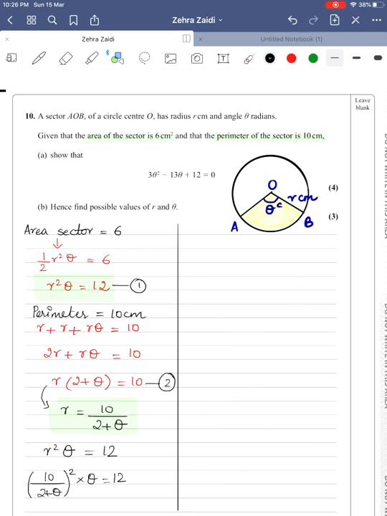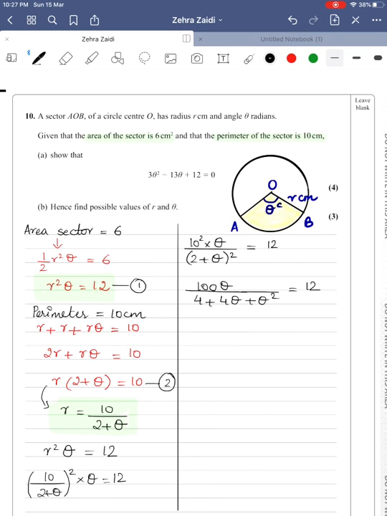This is the same as 10 squared times theta divided by 2 plus theta, the whole squared, is equal to 12. It can be simplified to 100 theta divided by 4 plus 4 theta plus theta squared is equal to 12.